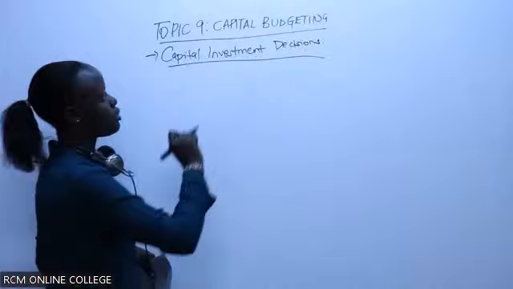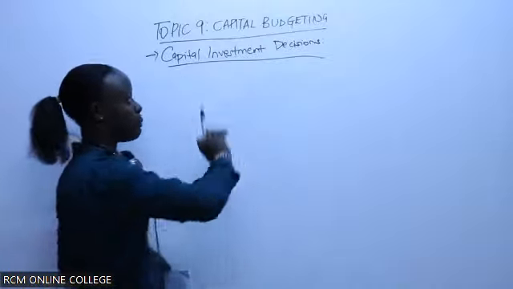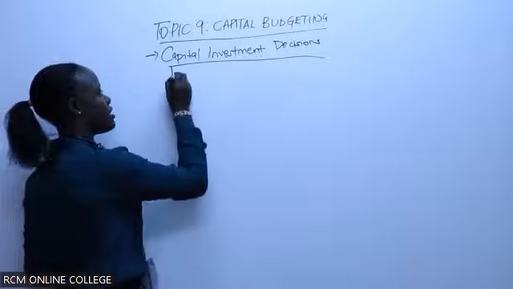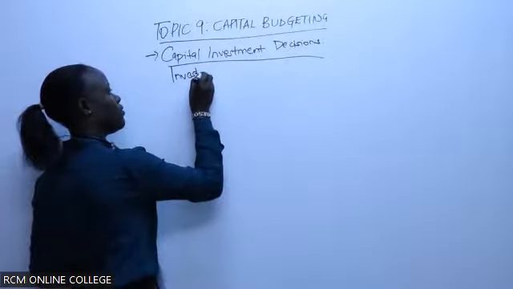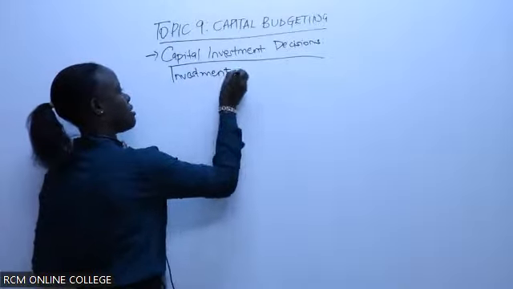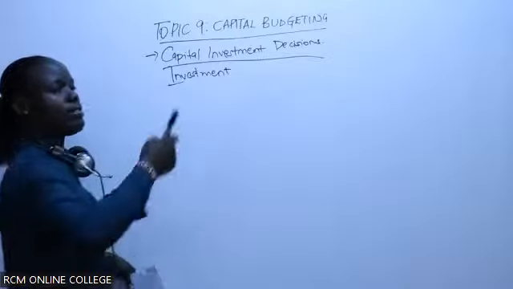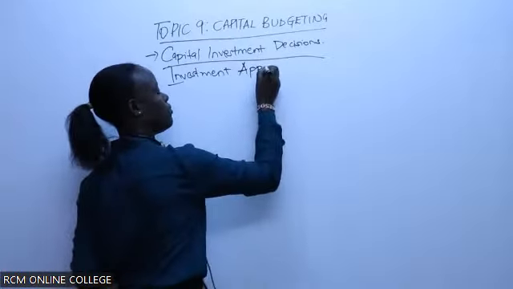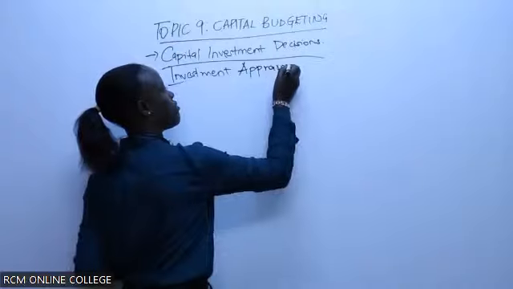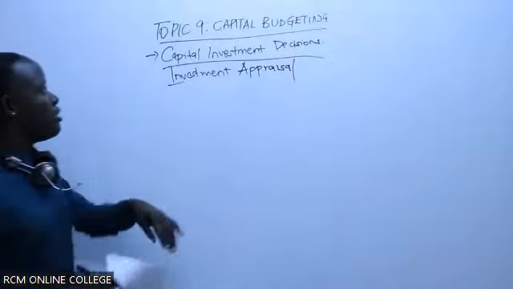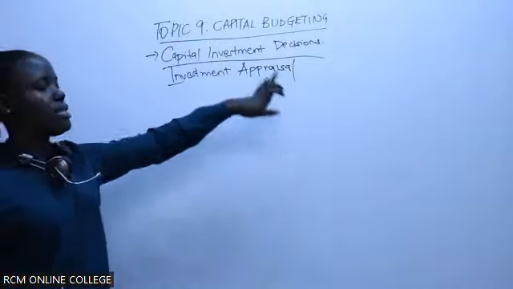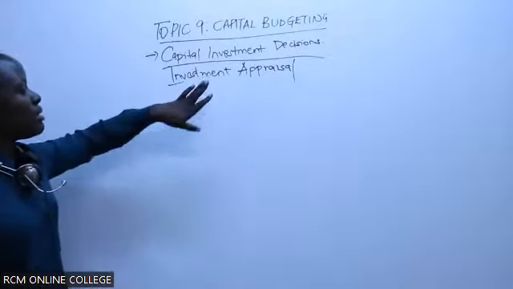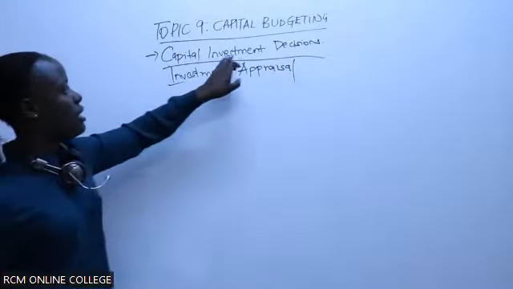So when you're told to discuss the various capital investment decision techniques, it is the same as looking at the various techniques of investment appraisal. So investment appraisal is another name for capital investment decision, which is also the other name of capital budgeting.